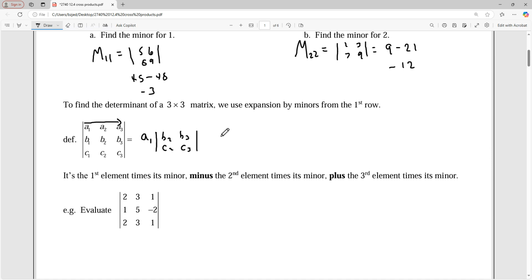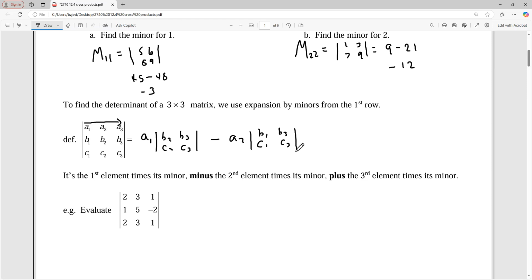And then if I keep going, I'd be at A2. And here's the interesting thing. At A2, our cofactor would be negative. So instead of putting a plus here, I'm actually just going to put a minus, and then I can just deal with the minor. So if I dealt with the minor here, it would be B1, B3, and I'd be left with C1, C3. If I keep going, the third element would be A3.